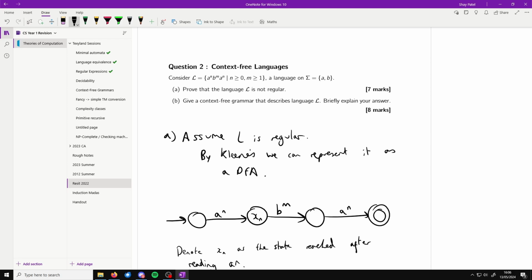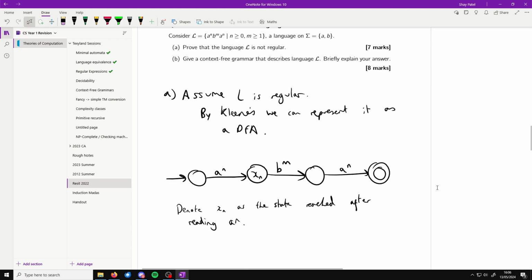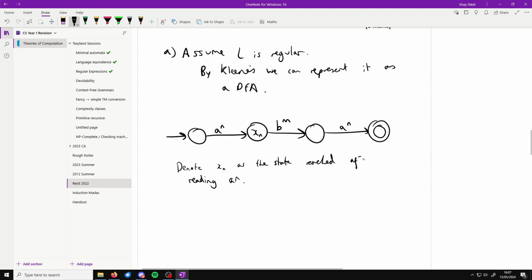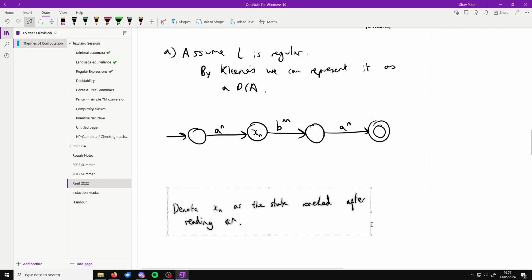Right. Okay. So that means that if we denote xn as the state reached after reading a^n, then we have x(n+m), which is the state reached after reading b^m.